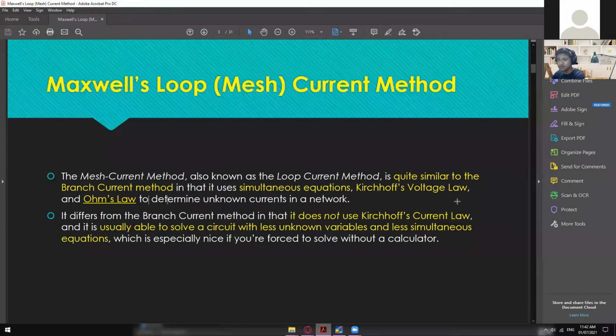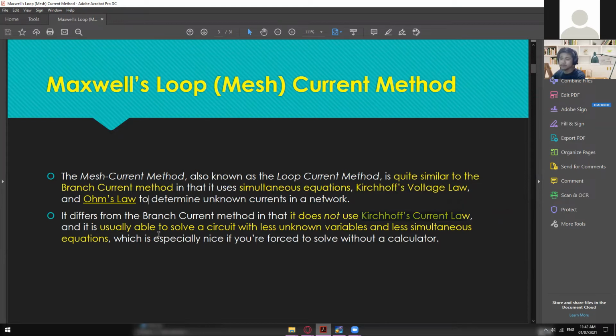In everything, even in Kirchhoff's voltage law, it's still using Ohm's law to determine unknown currents in a network. So it differs from the branch current method in that it does not use Kirchhoff's current law. This is the only difference we could think of between Kirchhoff's and Maxwell. When we see the Maxwell current method, it doesn't use Kirchhoff's current law or the KCL.